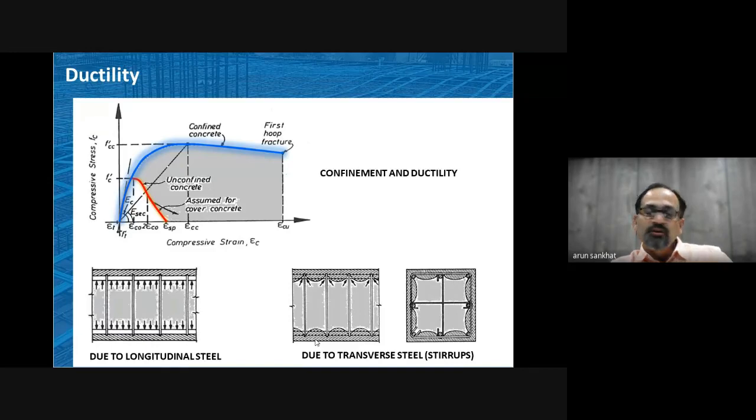So this is one way of increasing the ductility of post tension members. You can have enough longitudinal steel and enough transverse steel to achieve the required amount of ductility. Actually, in the design phase, the PT cables are required just to take care of the serviceability aspects.